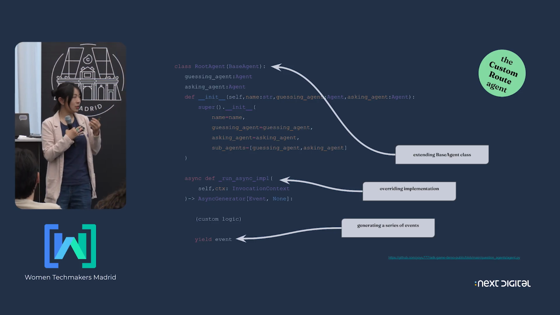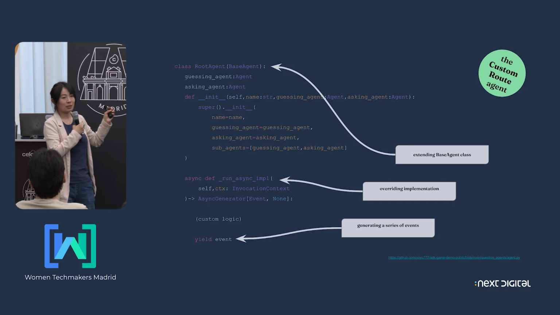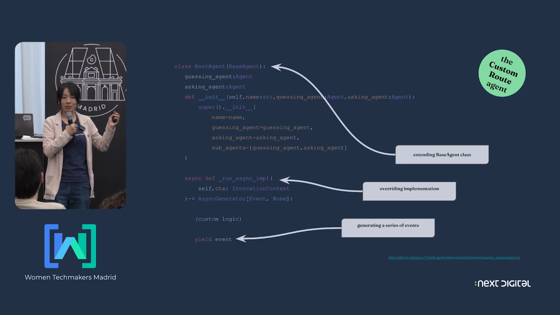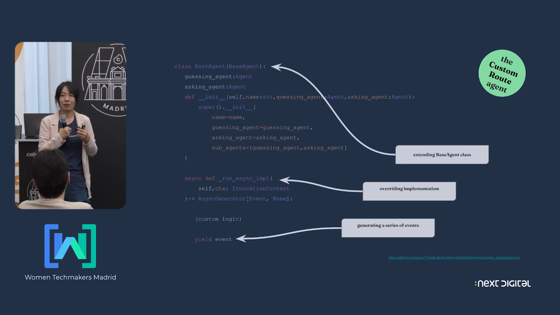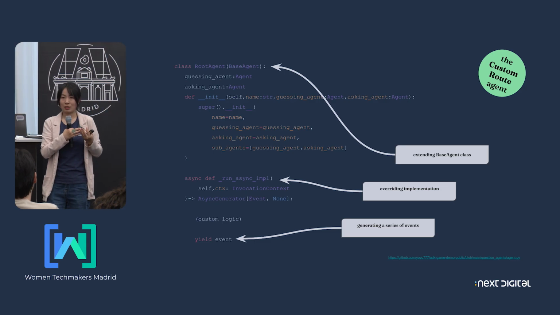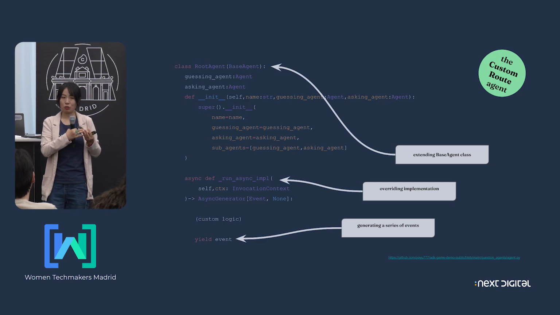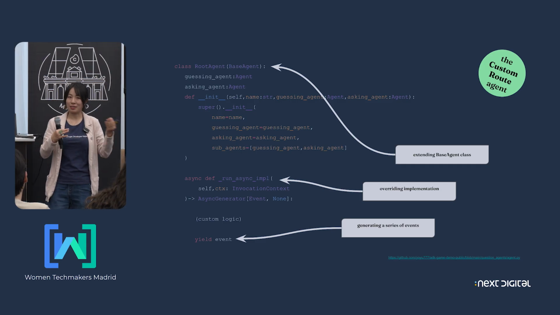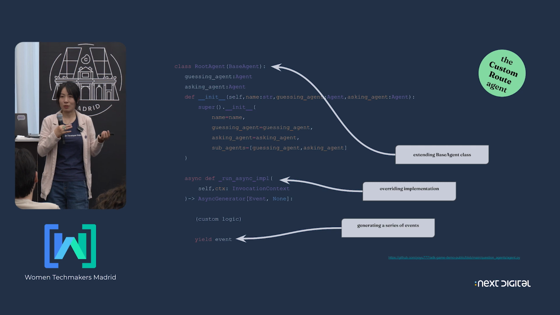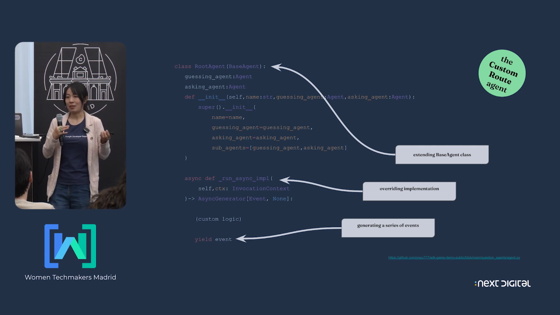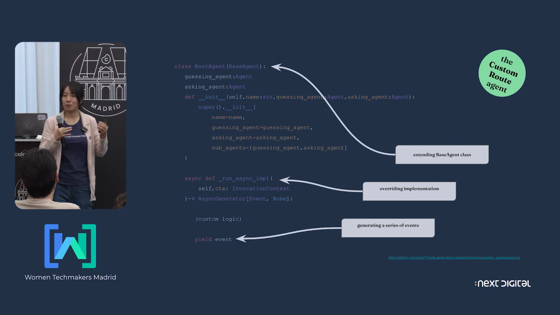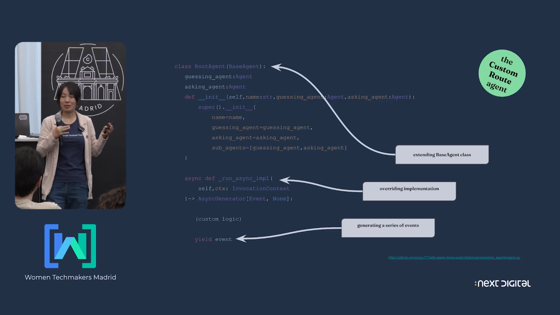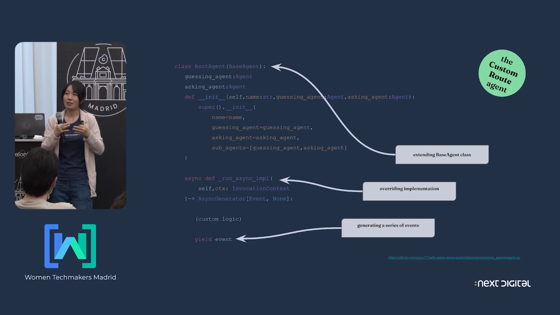But the reason I want to make a custom orchestration agent is that I want to have better control over the logic. I don't want AI to make the decision for me. This is very important in games because while you want the AI to take care of some things, at the same time you want to set the boundary.